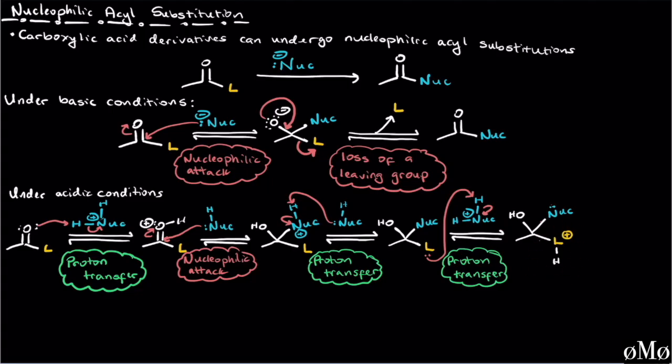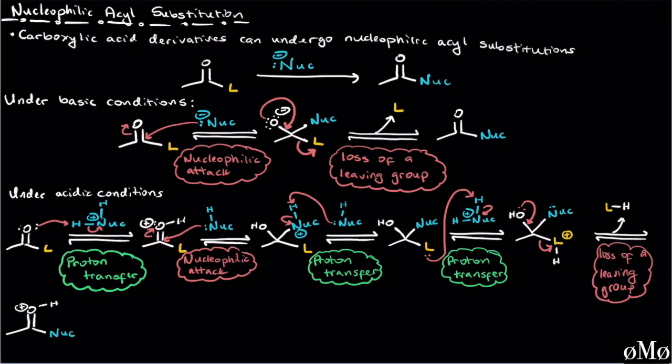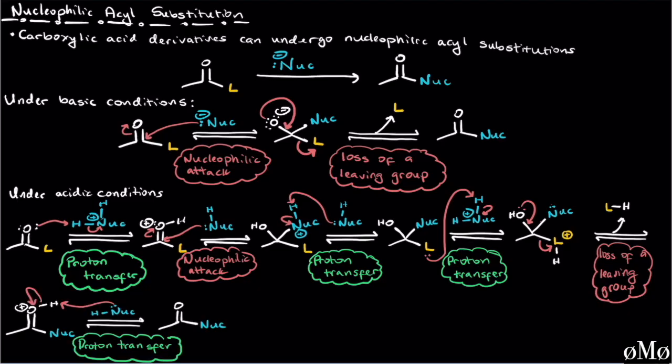But once you get here, now you've created a good enough leaving group under acidic conditions, and then the leaving group will leave, which then results in the reformation of your sp2 trigonal planar carbon. Now you have basically a product, however, it's protonated, and so you need one more proton transfer step to then form your product.